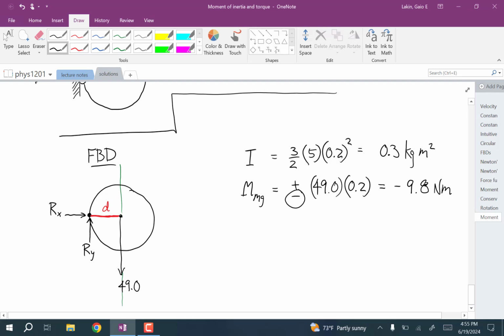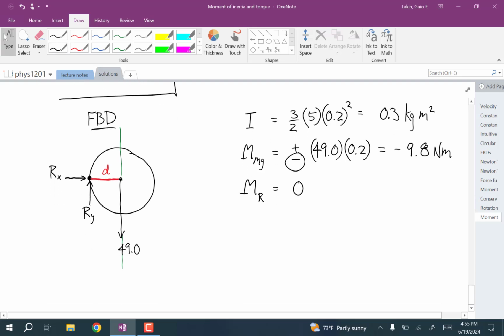Okay, now what about the moment produced by these forces at the hinge? Well, those are always going to be the same because the line of action of these always goes right through that pin, and so these will always be 0. And so the total moment about that hinge is going to just be this negative 9.8. So I'll write it as the net torque is equal to negative 9.8.